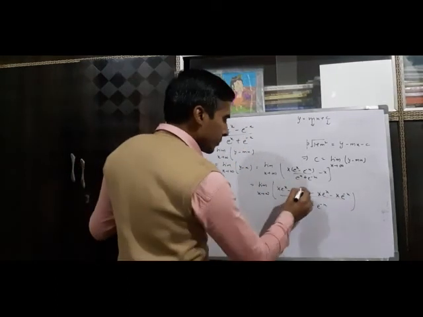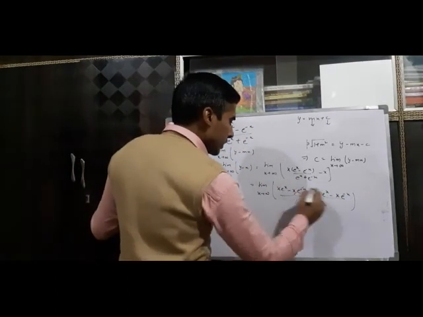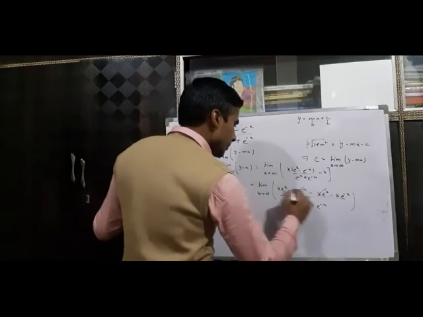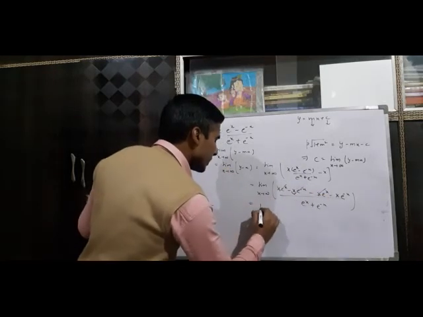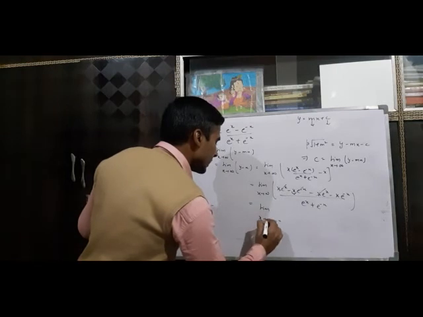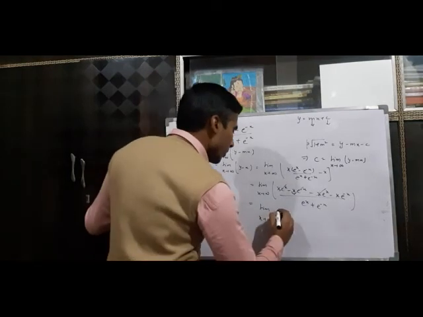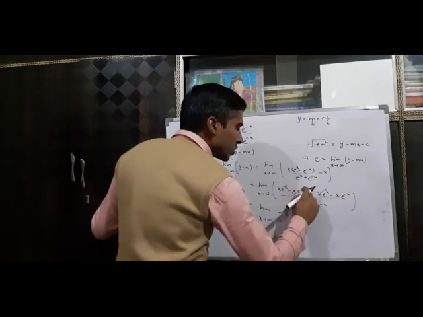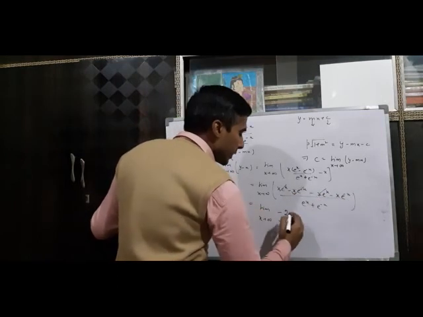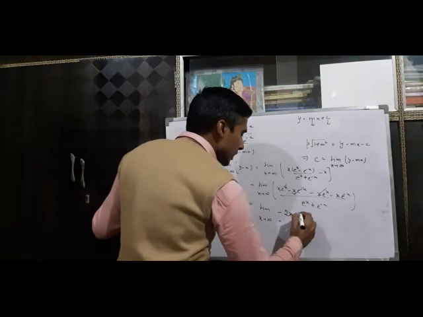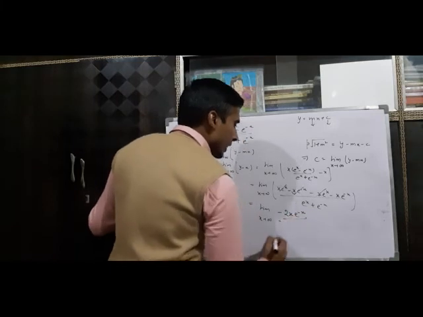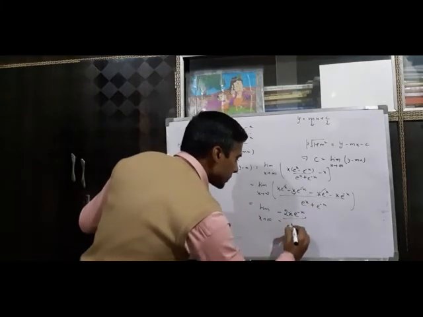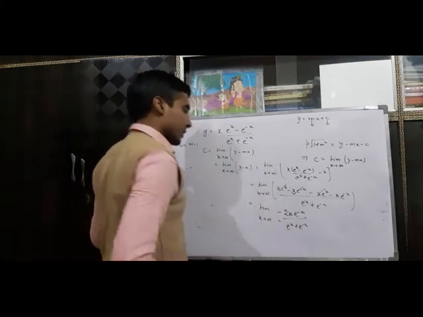And you see this term will cancel, so we can rewrite it as limit x tending to infinity minus 2x e^(-x), and this is over e^x plus e^(-x).